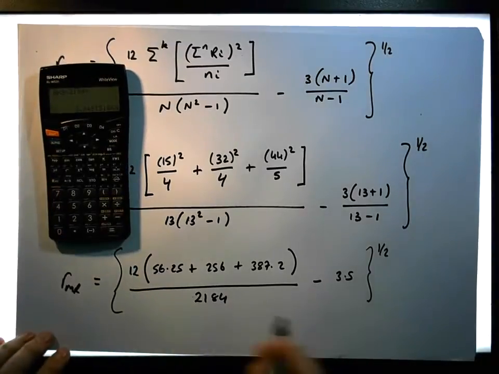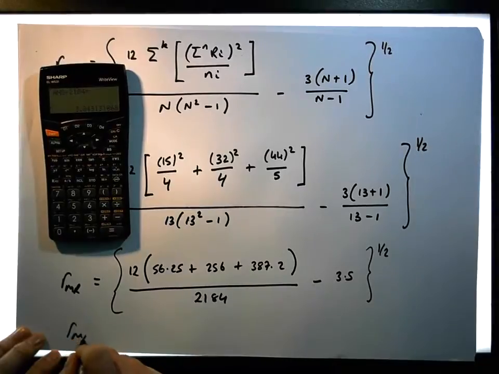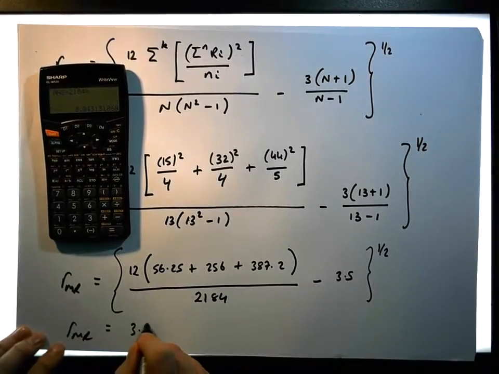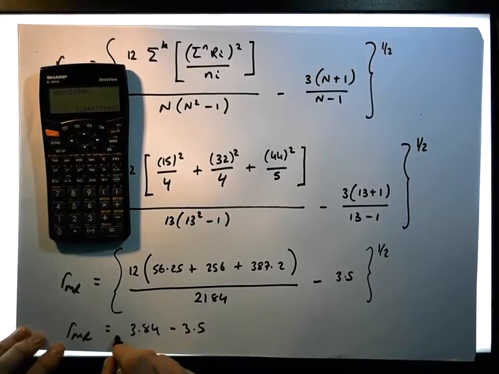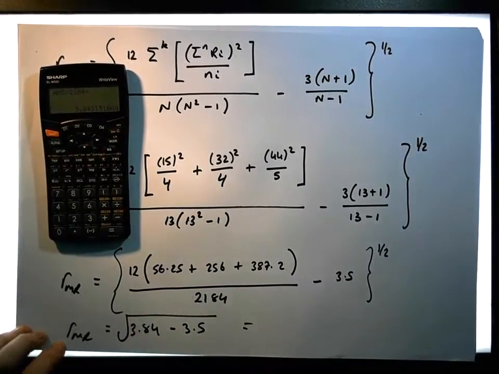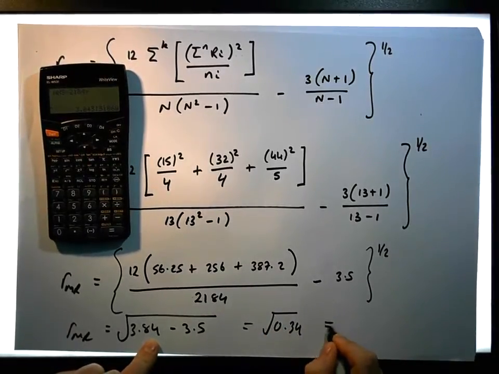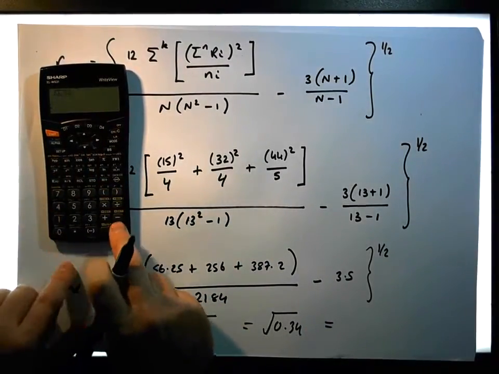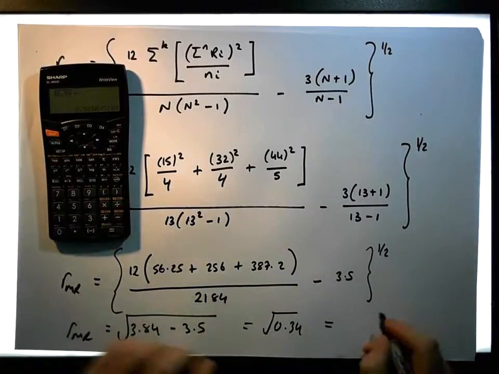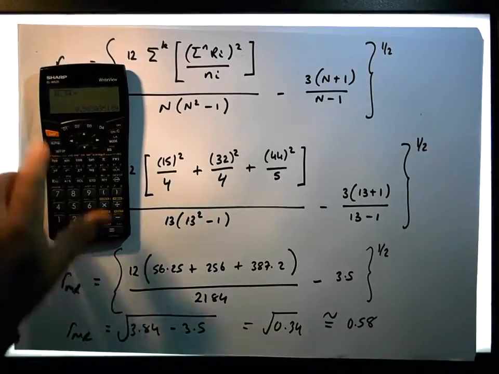So this now becomes 3.84 minus 3.5, and it's the square root of that. So what does that give us? We have to get the square root of 0.34, which is approximately equal to 0.58.